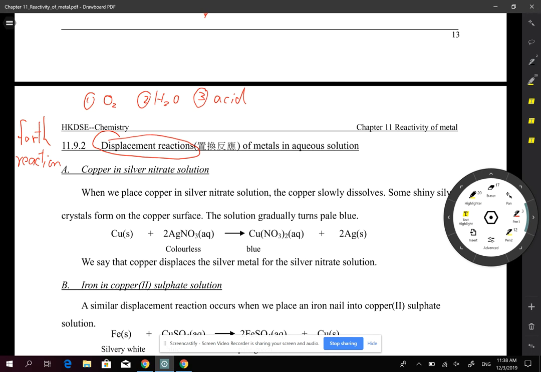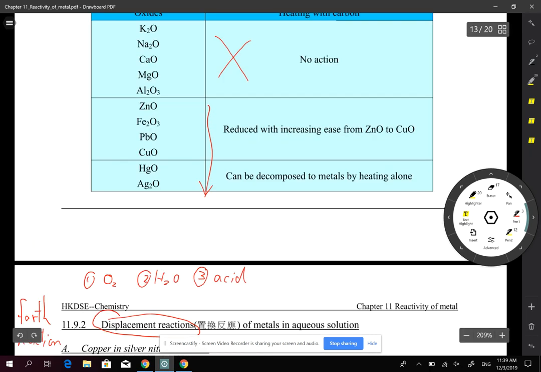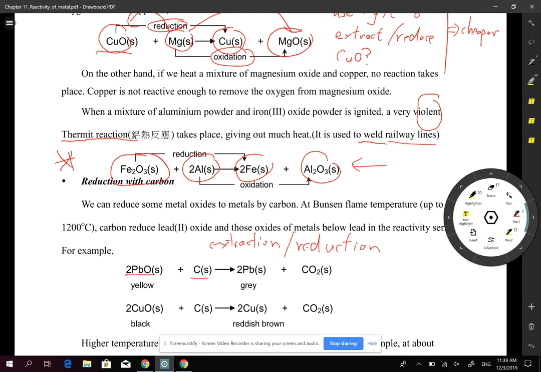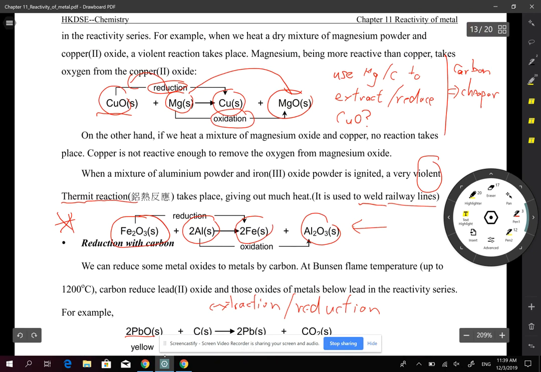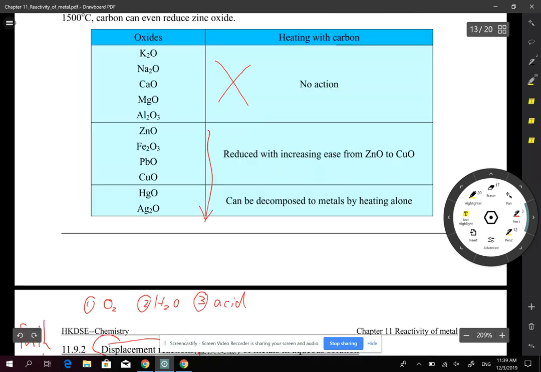What is a displacement reaction? That is, a reactive metal displaces the compound of a less reactive metal. Similar to what we have already learned, the reduction concept. A reactive metal can reduce a less reactive metal oxide, but not only oxide.